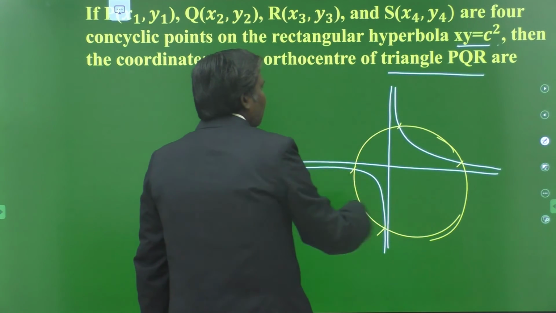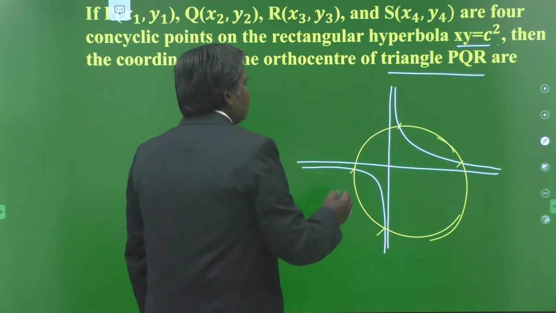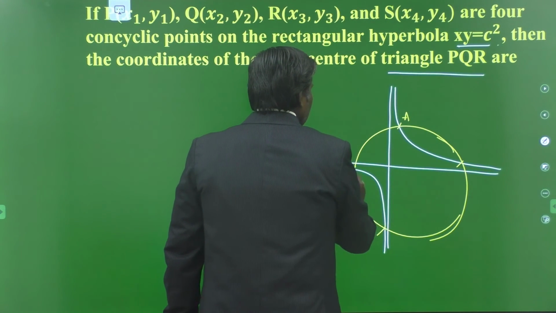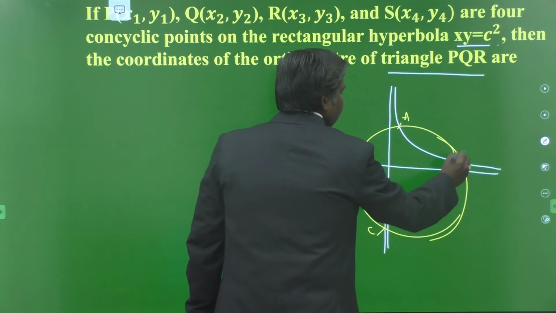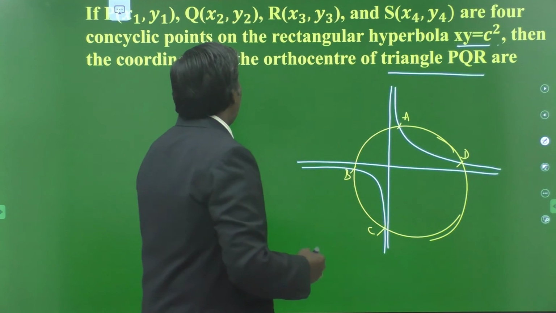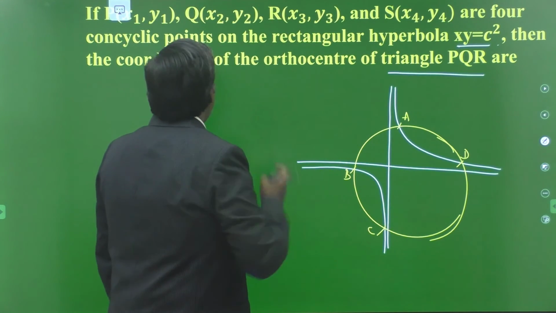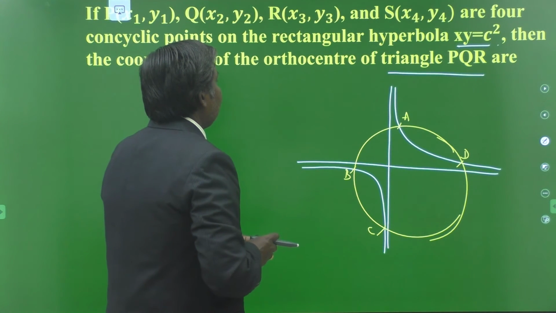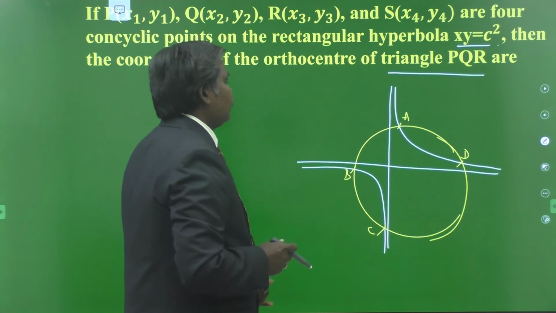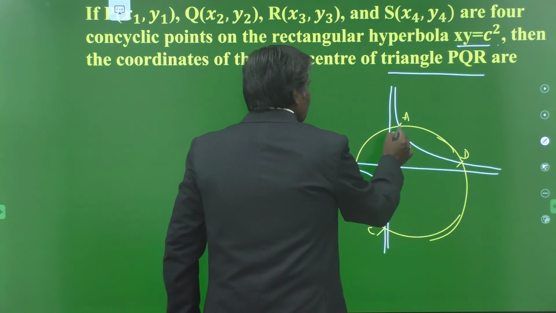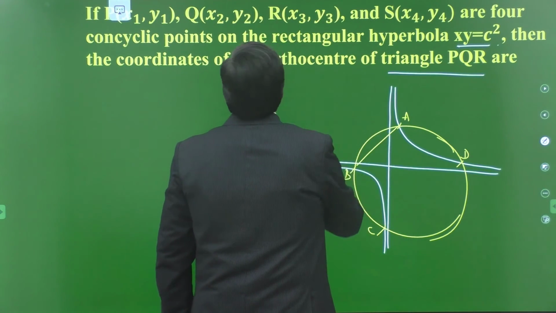These 4 points are called concyclic points, say A, B, C, D. Now we have to find the orthocenter of the triangle formed by PQR.